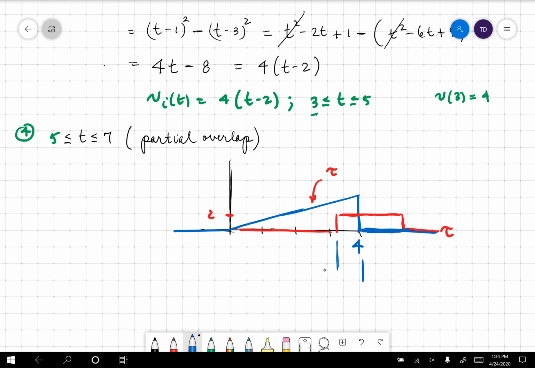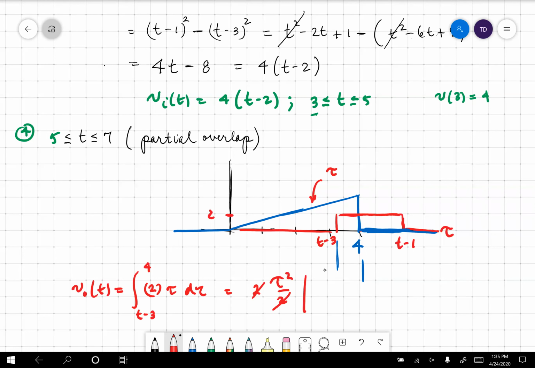This is the trailing edge this time. We've been following the leading edge is t minus 1. The trailing edge is t minus 3. So this time, v of t is equal to the integral from t minus 3 to 4 of 2 times tau d tau, and this is equal to twice tau squared over 2, cancel, evaluated from t minus 3 up to 4. Now all we do is just substitute in these final values here.